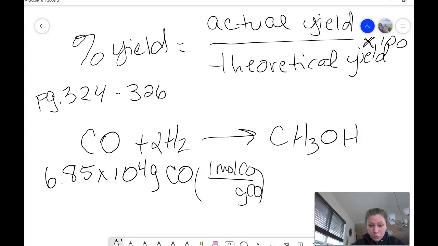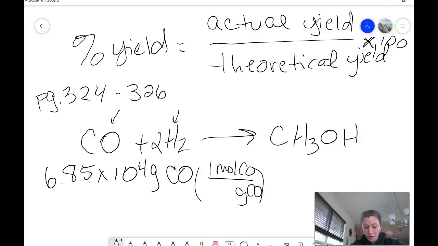You go through the stoichiometry problem and figure out theoretically how much methanol is produced. If I'm given both reactants, carbon monoxide and hydrogen, I have to figure out which one's limiting, and that would be the amount used to find the amount of methanol.